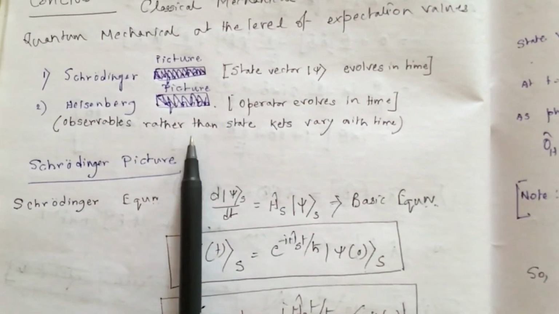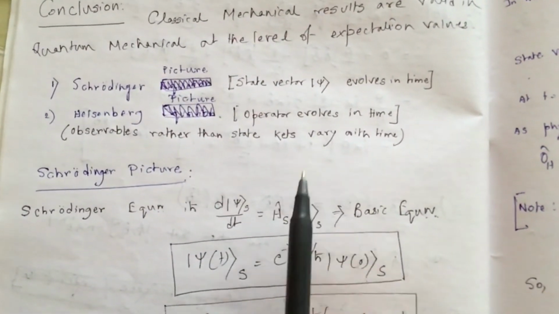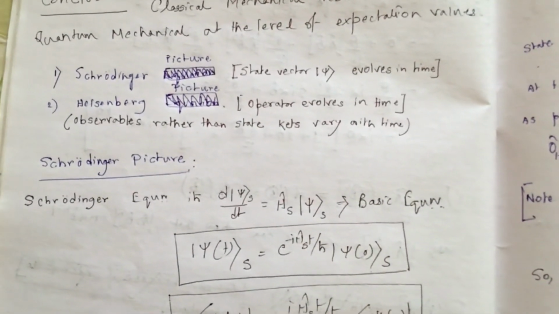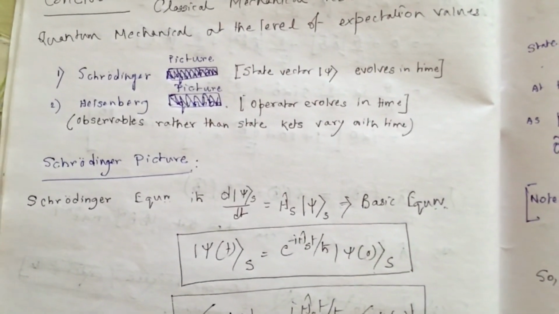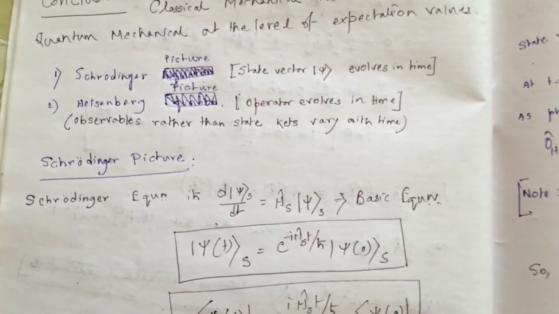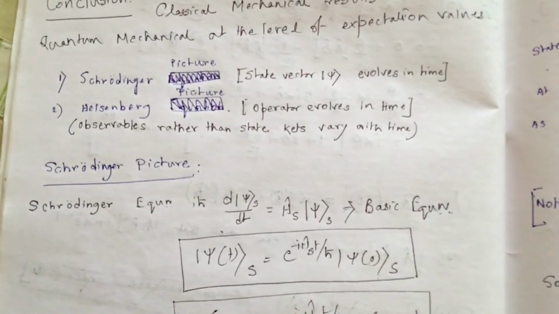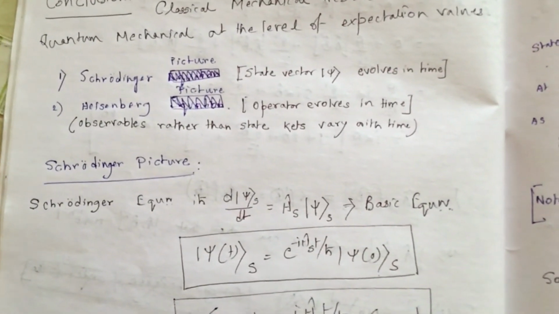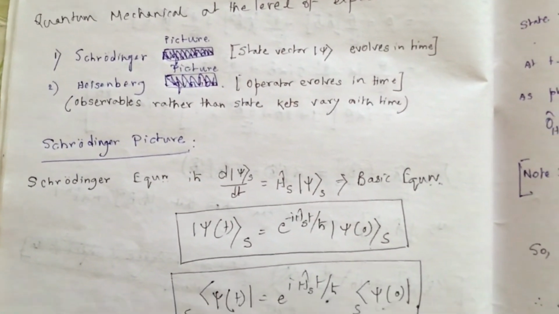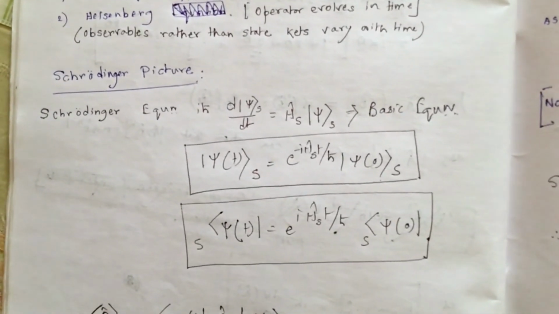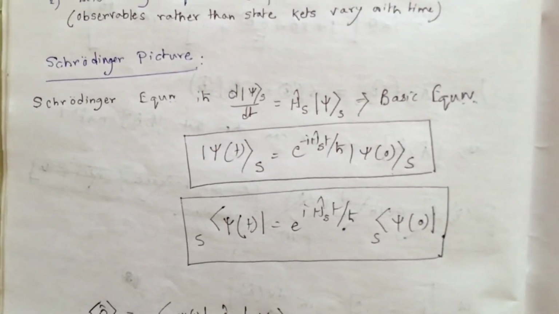And in the Heisenberg picture, the operators vary in time. But we will readily show that the expectation value remains the same for both the Schrödinger and Heisenberg pictures, because the expectation value is of physical importance. So that should not depend on the picture we use to derive it.